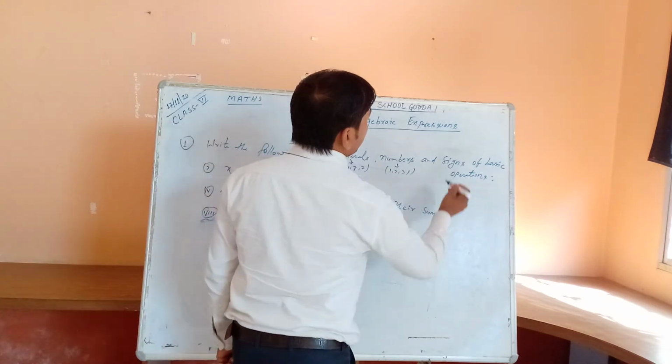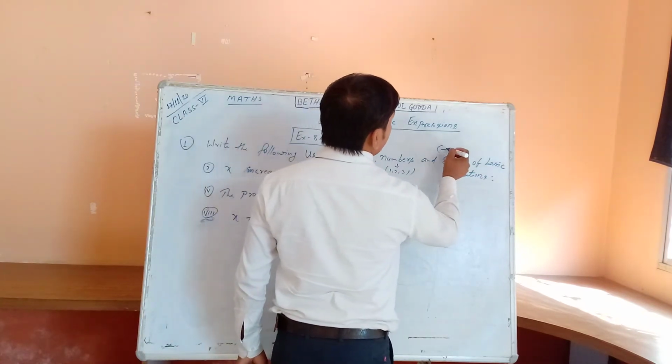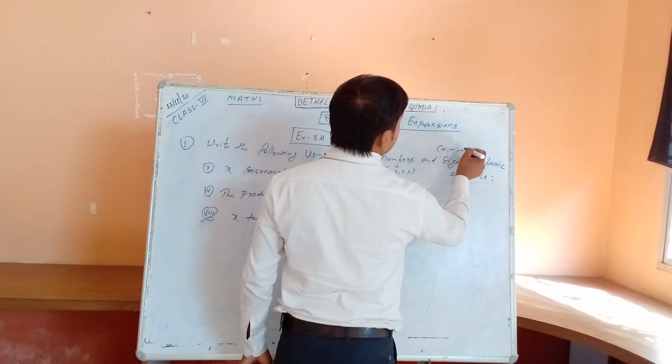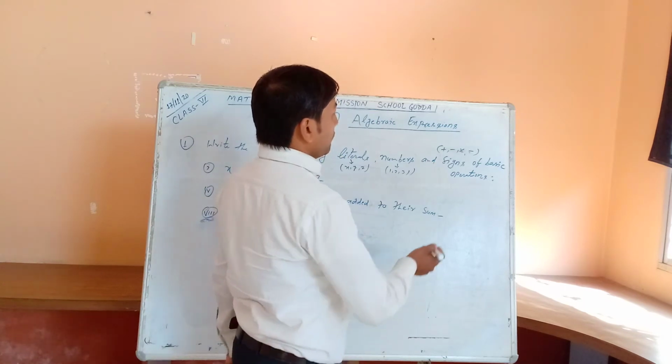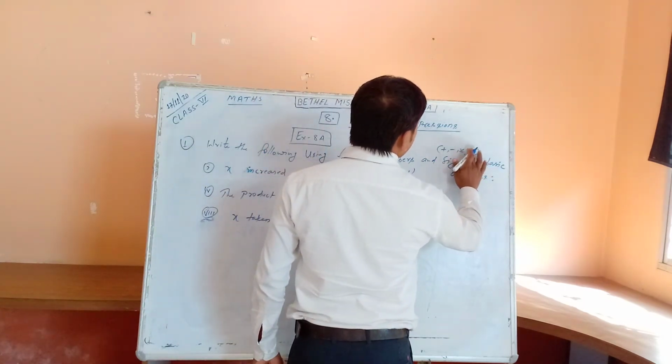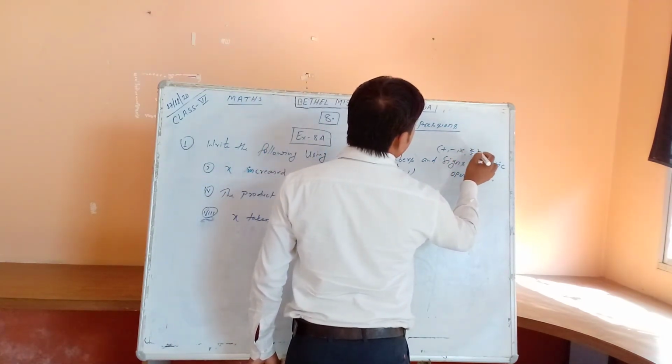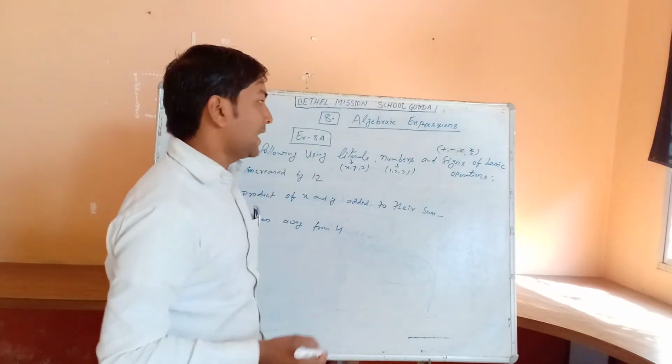And the signs are plus or minus, the multiplication symbol or the division symbol. For division, you have to write it in the by form, x by y.